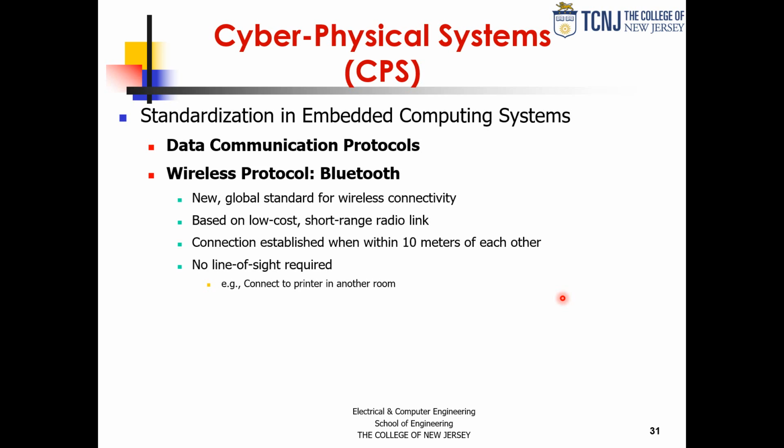Originally it came up with a connection of about 10 meters, expanded to another class with a little bit more range. But now we have really this flexibility. We have industrial Bluetooth that can reach about 1 kilometer or 1/2 kilometer.